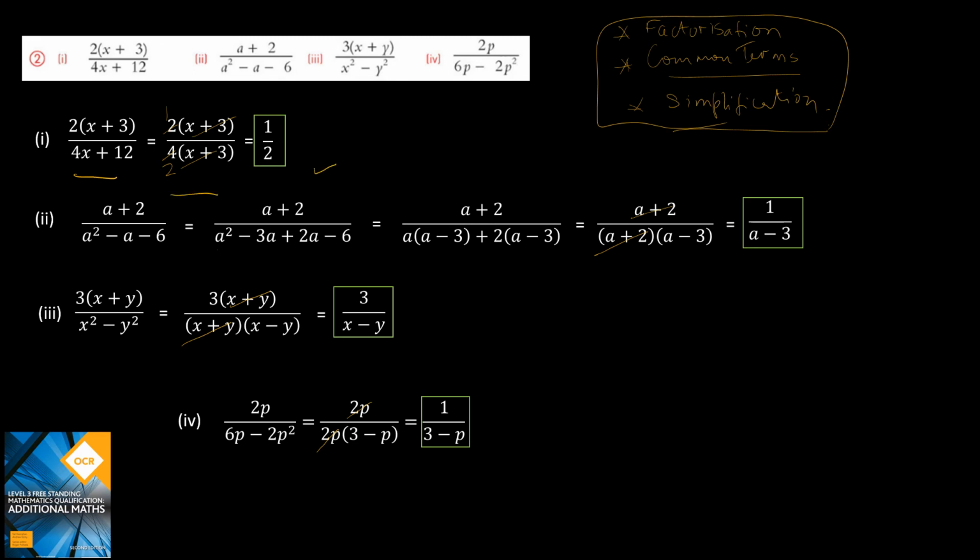Then for this again, factorize this expression, a square minus a. So there's 6, think of the factors of 6, 3 and 2, and then we get it. We do the factorization, cancellation, answer. Again, x square minus y square using the formulas, and answer.